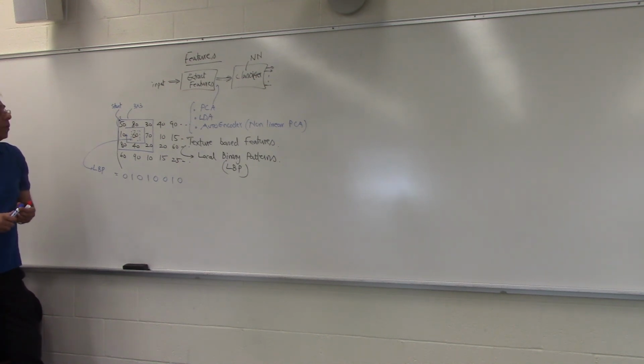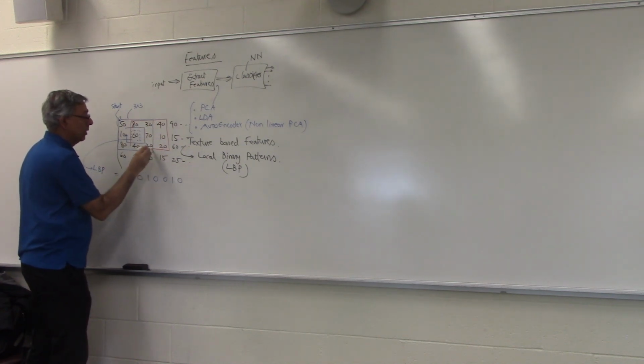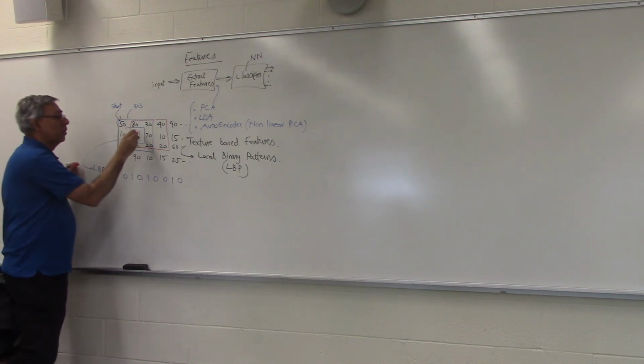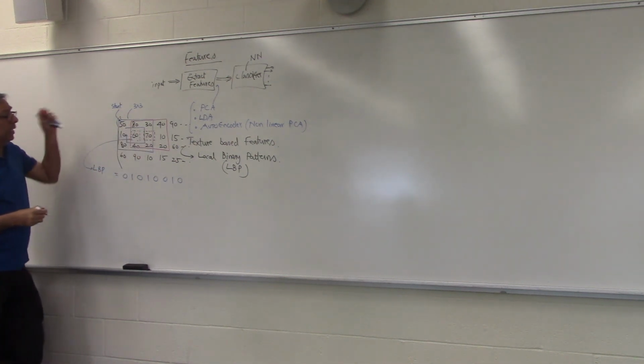After we are done with this, what do we do? We move the 3x3 window one pixel to the right and do the same thing. Now we compare everything to 70.